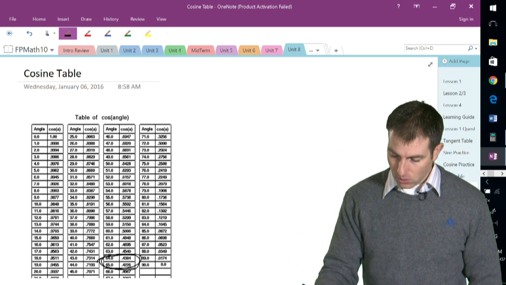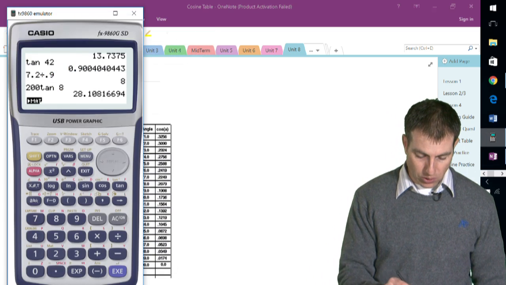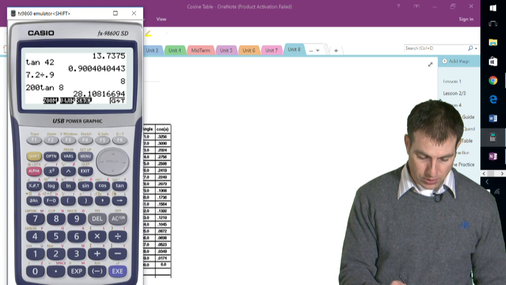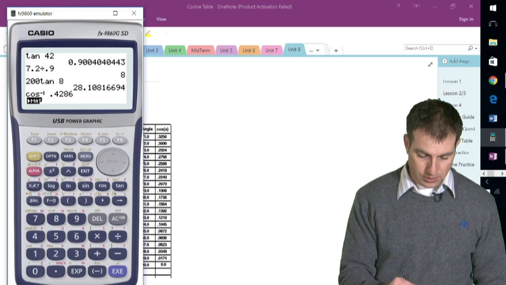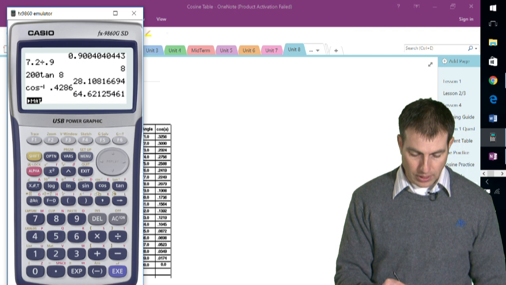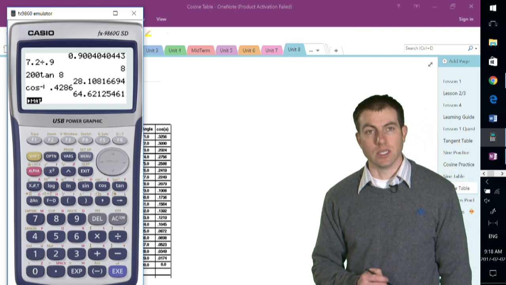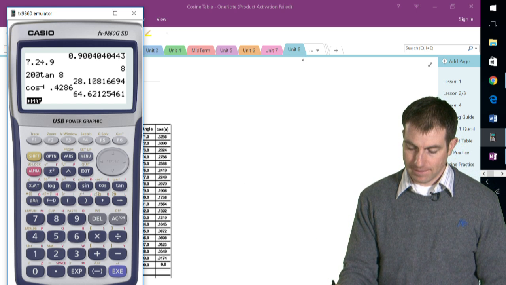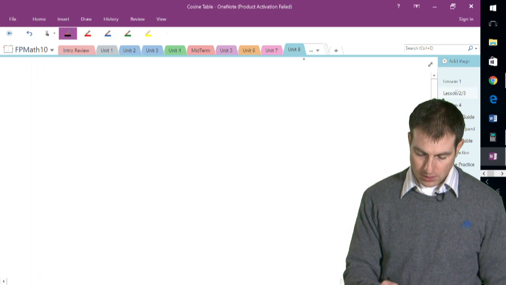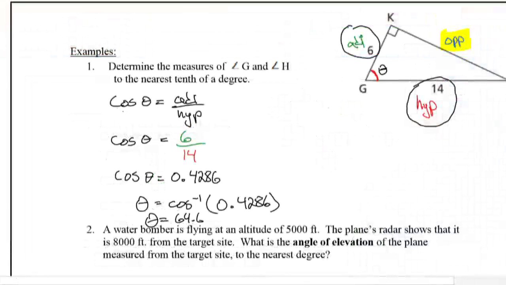So I can do it like that, or I can jump over to my calculator and I can go inverse or shift cosine, and it gives me that negative 1, 0.4286. So 64.6 degrees. So that's the measure of angle G, 64.6 degrees.